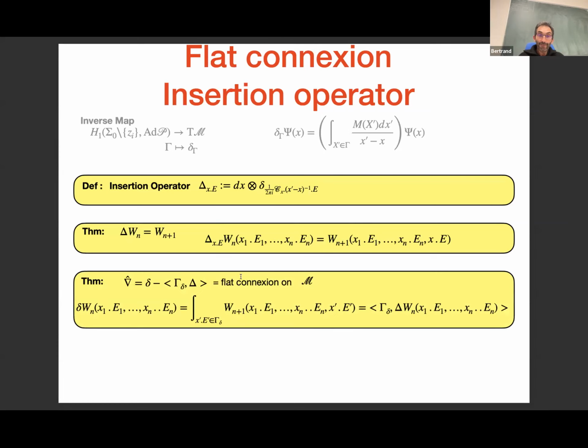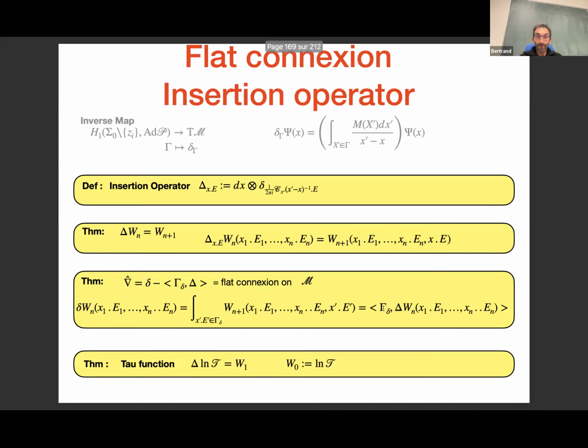And this means that you can write the flat connection on the moduli space of your connections using this operator, and the delta, which is now the nabla, sorry, which is now a connection on the moduli space, can be written as delta minus the pairing of gamma delta with delta. And in formula, it's exactly what we wrote before: the deformation of Wn is the integral of Wn+1, so it is the pairing of delta Wn with gamma delta.